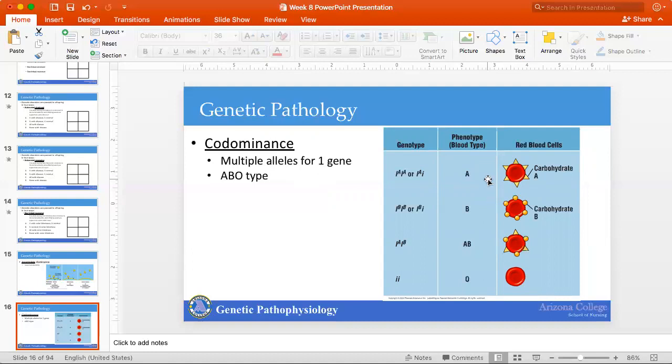So we have type A, type B, AB, and O. And what that's saying is that if you are type A, you have the A antigen. If you're B, you have the B antigen. Some people, and this is a little bit more rare, but there are people who have AB, meaning they have both antigens. They have a codominance with each other. And then type O, which most people are type O, you don't have either surface antigen on your red blood cells.